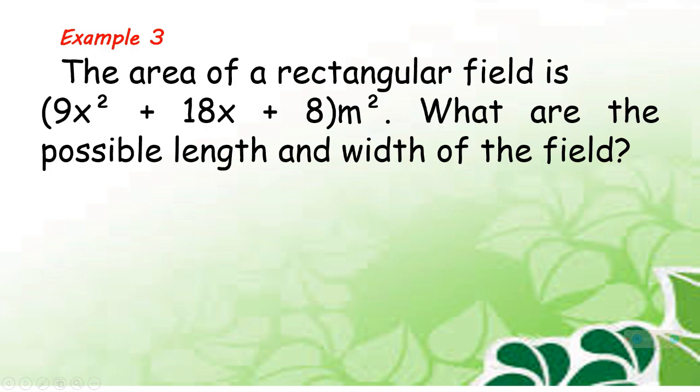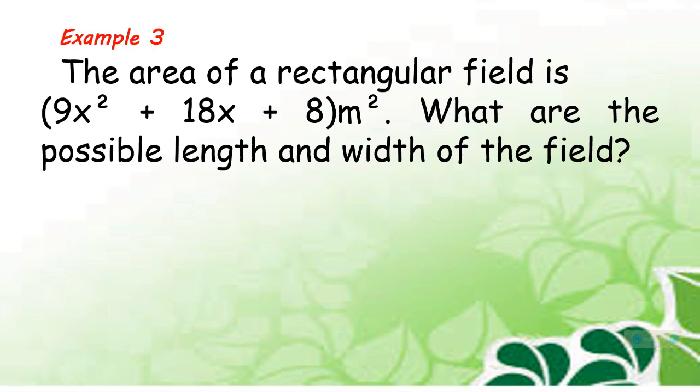The area of a rectangular field is 9x squared plus 18x plus 8 square meters. What are the possible length and width of the field? So, you are going to express again the length and width in factored form. What should be the factors?